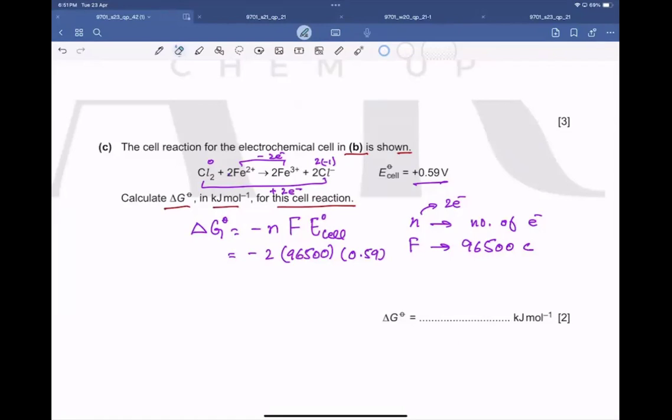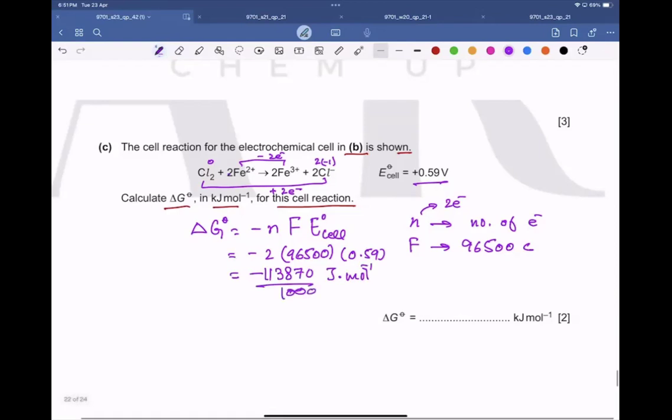And remember, from this you will get the answer in joules. So it's minus 1.13870 joules per mole. And if you have to convert it into kilojoules, you have to divide it by 1000 because they have asked you to turn it into kilojoules. So can you divide it by 1000? You will get minus 113.87. But see, if we have to use three significant figures, it is going to be minus 114 kilojoules per mole.